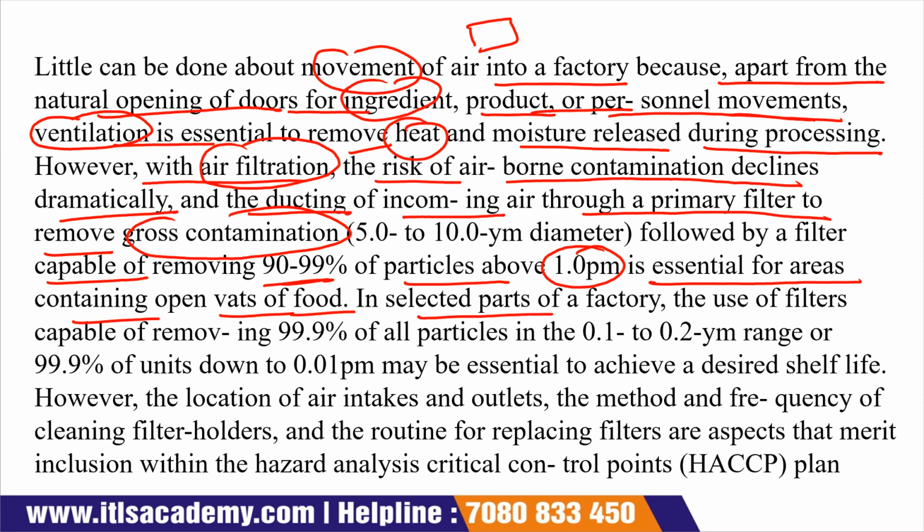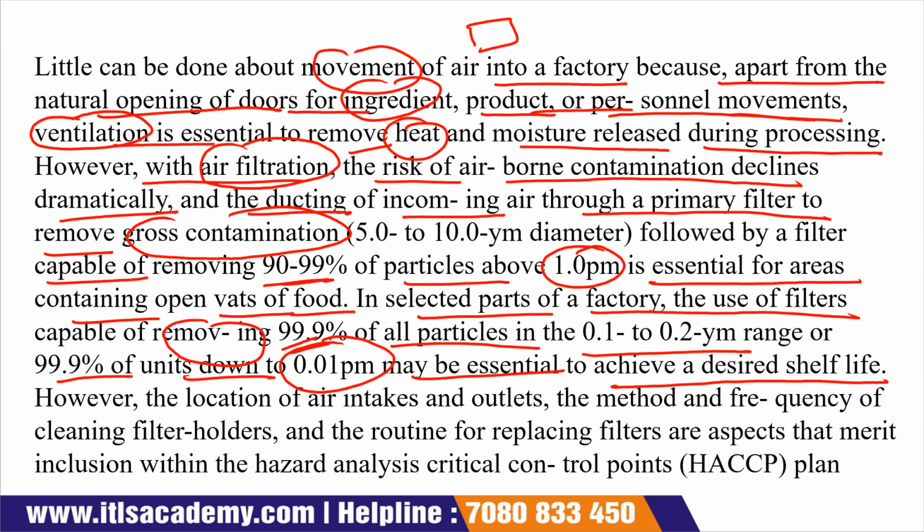In selected parts of a factory, the use of filters capable of removing around 99.9% of all particles in the 0.1 to 0.2 µm range, or around 99.9% of particles down to 0.01 µm, may be essential to achieve a desirable shelf life.